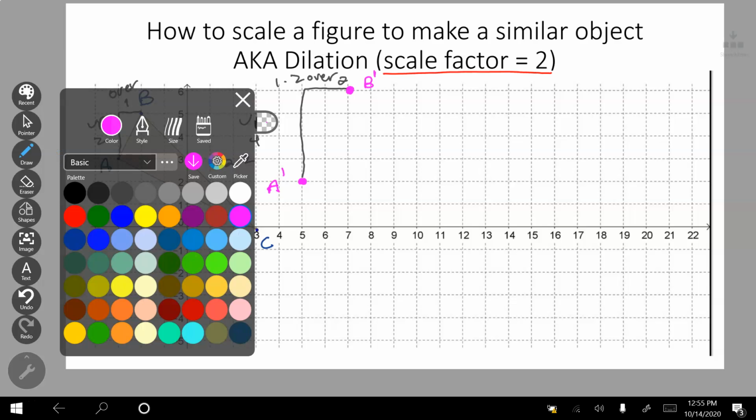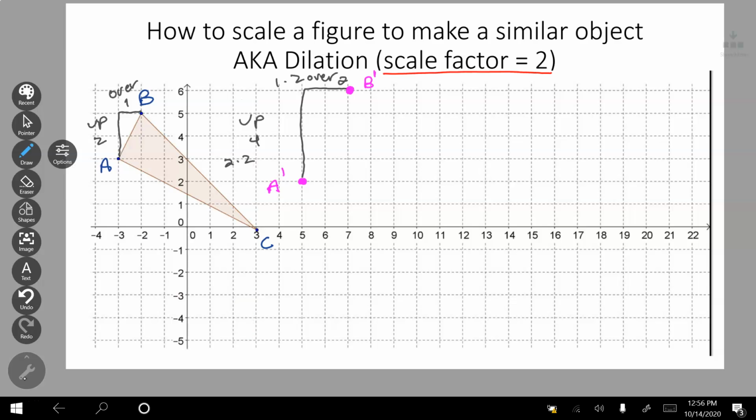I'm going to do the same thing over here to go from A to C. I'm going to go down this way and over that way. So that was down 3 and over 6. I'm going to multiply those numbers by 2.